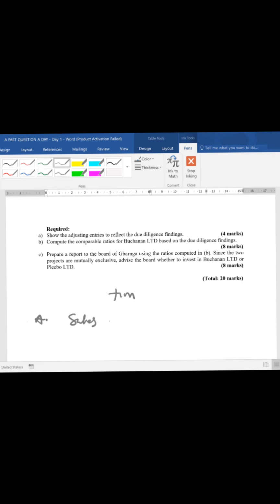So we are going to debit our sales value, 700,000, and then we are going to credit our receivables, also 700,000. That's for the first one.